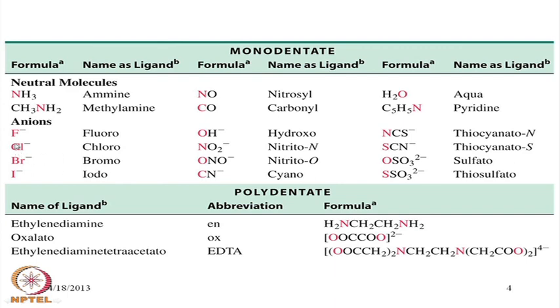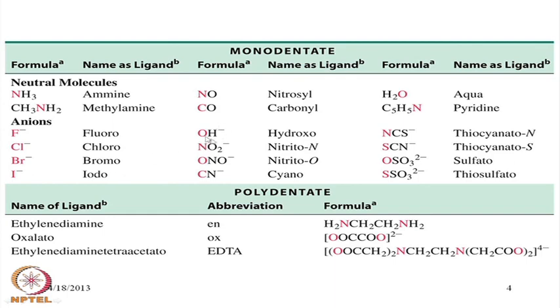We can have all these groups, but the sizes are different from fluoride to iodide, but they only function as monodentate ligands. Similarly, nitric oxide gas and carbon monoxide gas can also function as good monodentate ligands.